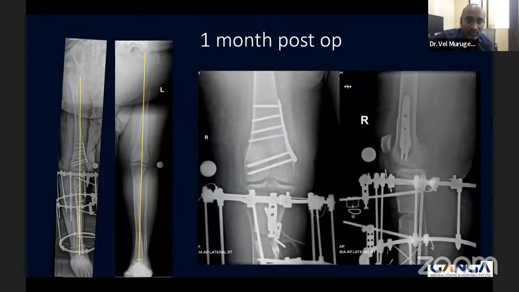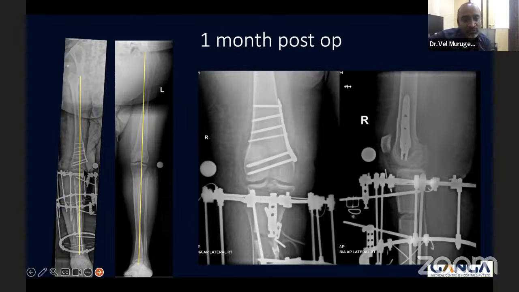As he was very obese, it was very difficult to take an immediate post-operative X-ray. This is at 1 month post-op, where we have corrected the deformity and achieved our aim of getting the mechanical axis to the center of the knee.